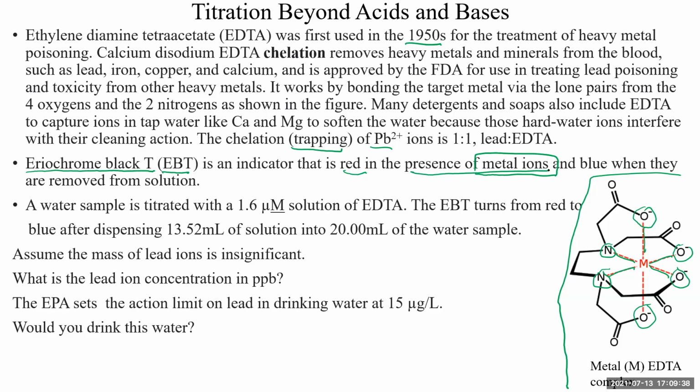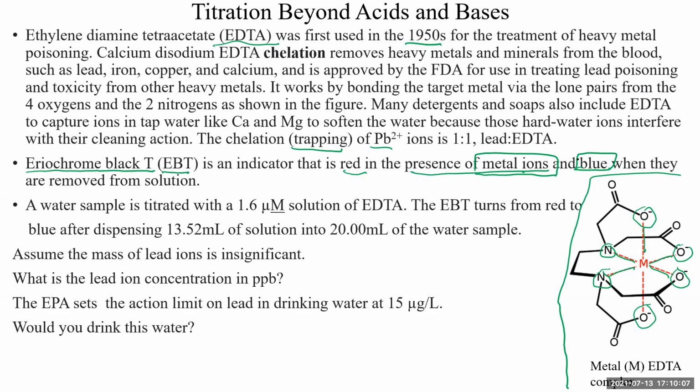Once you have added enough of your EDTA to that water to remove all the metal ions, this Eriochrome Black will turn blue in the absence of those metal ions. So once you've added just enough EDTA solution to your sample, all the metal ions are gone, and Eriochrome Black goes from red to blue. That's its endpoint. And that's also the equivalence point.